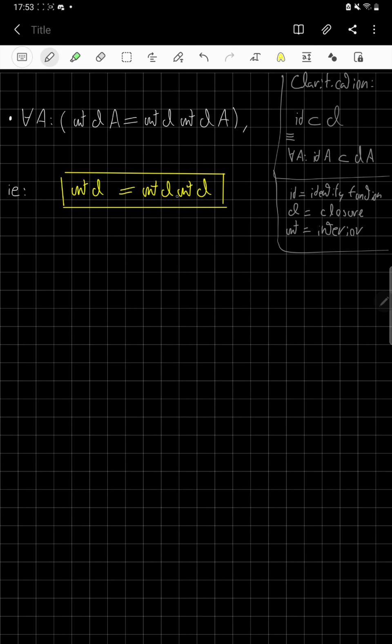Well, what we're saying here is that the interior of the closure of this thing is equal to this thing. So the interior of the closure of something is equal to that something. So what we're going to do is just work from that left member, from that something, and we're going to grow it.